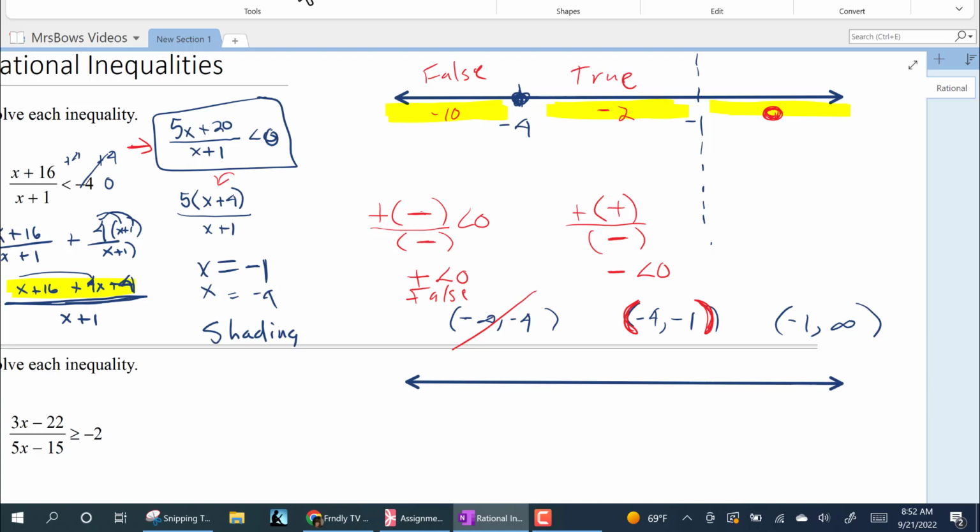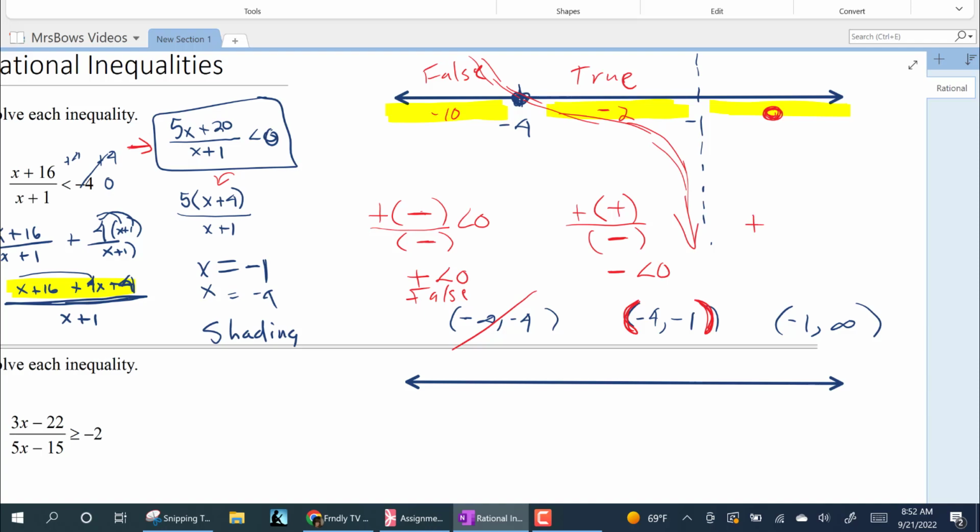So my guess is, I don't really know what the graph could be doing, but maybe if it's coming from up here and then it's headed towards there, maybe it looks something like that. I mean, I don't know. And then my guess is when we plug 0 in, it will be false. So let's try.